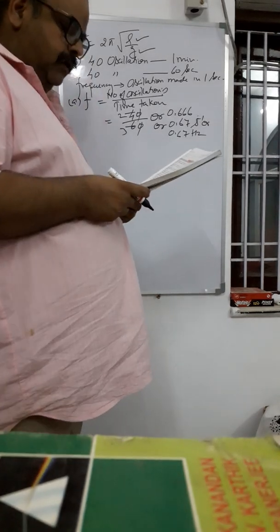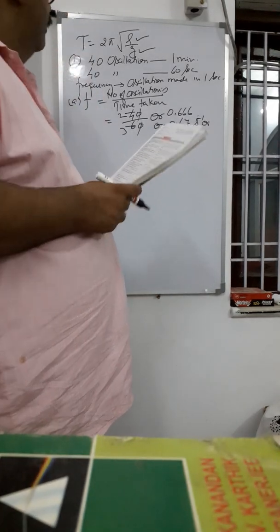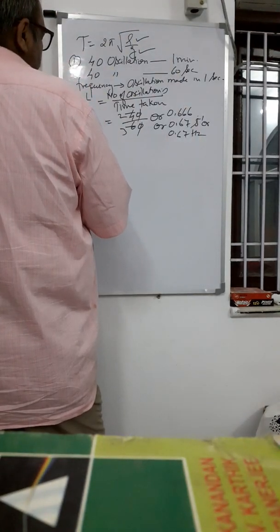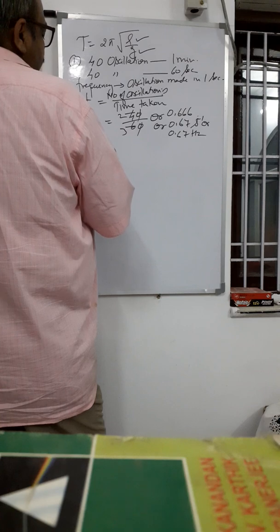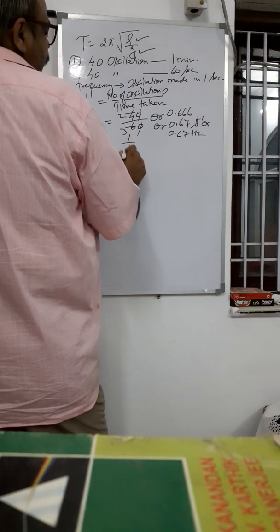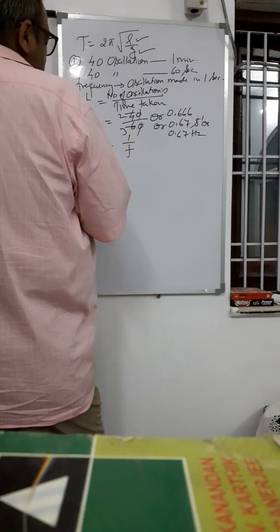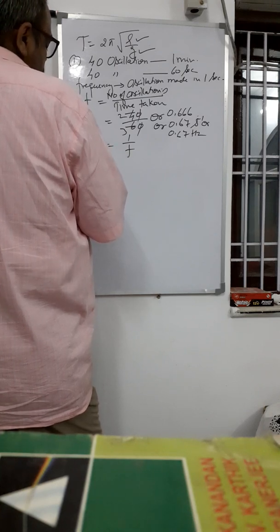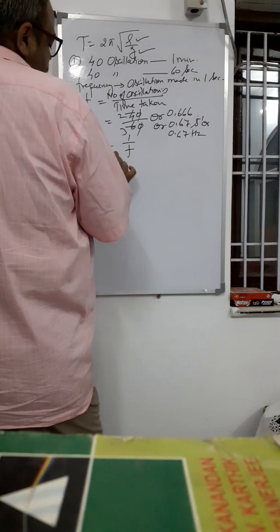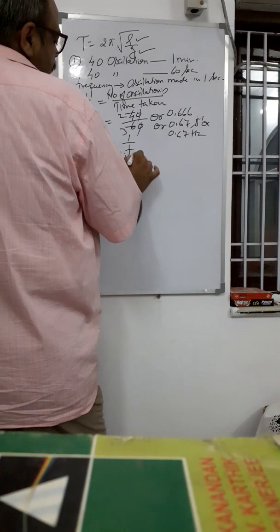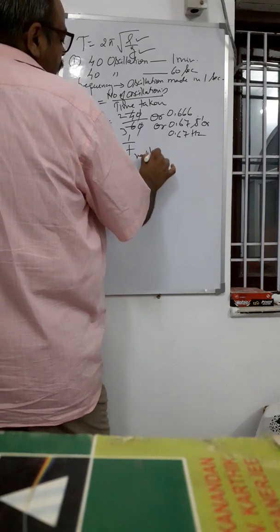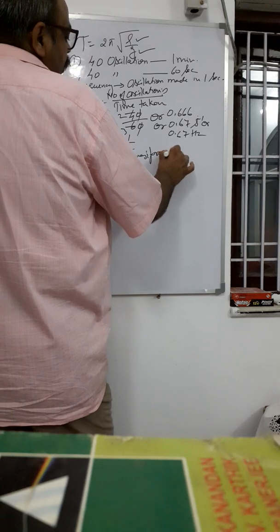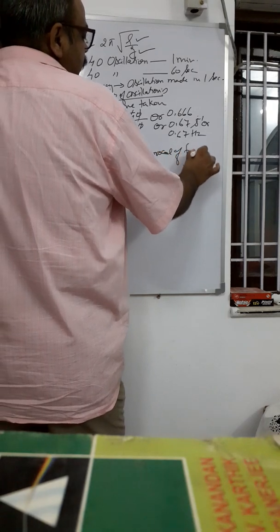Now in the second part, there was the time period. We know that T is equal to 1 upon f, or time period is the reciprocal of frequency.